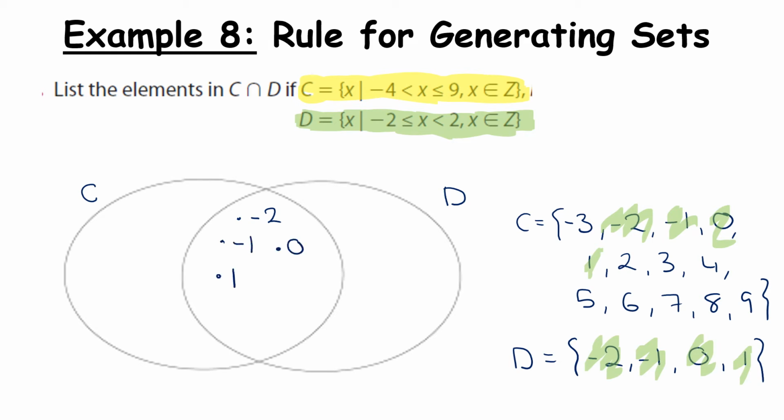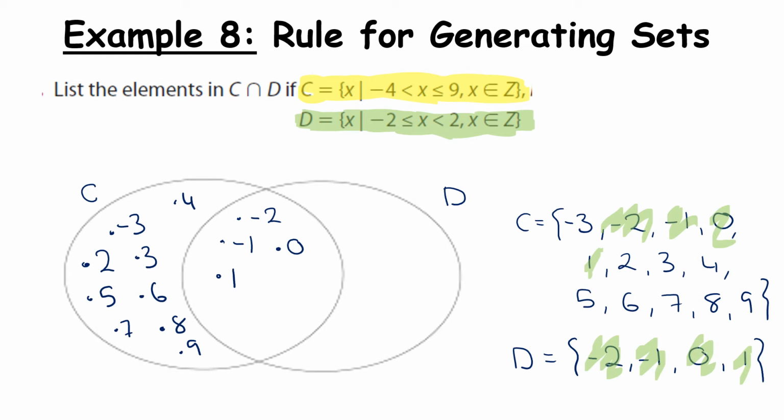So there are 4 things, or 4 elements that are in the intersection. What's left to go in C is -3, 2, 3, 4, 5, 6, 7, 8, and 9.